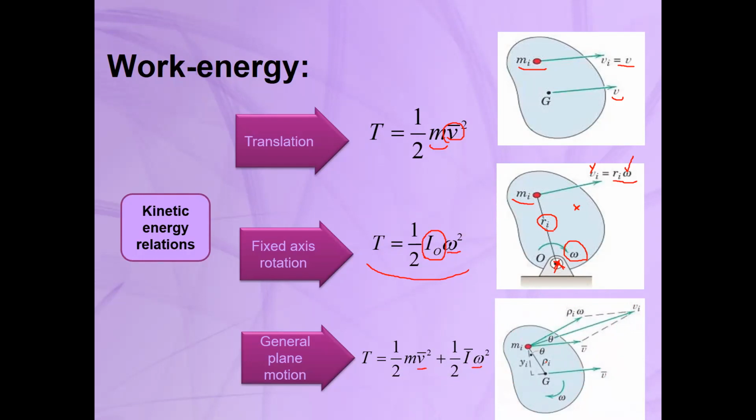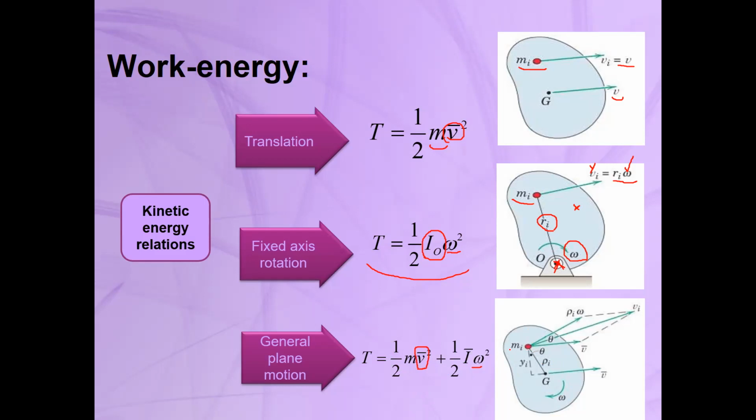So because its mass center at the same time has some velocity and some angular velocity. The general form for this body to obtain the kinetic energy is equal to half m v bar squared, which v bar is the velocity of the mass center. It's very important. This time, the velocity of each point is not v bar.